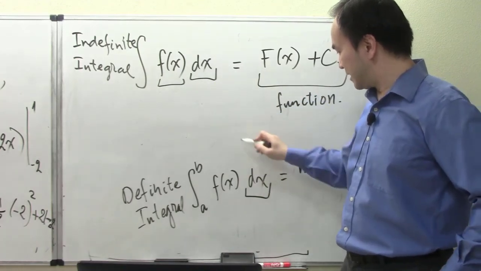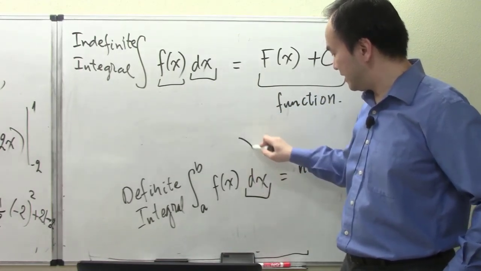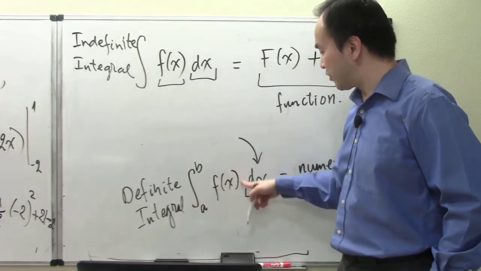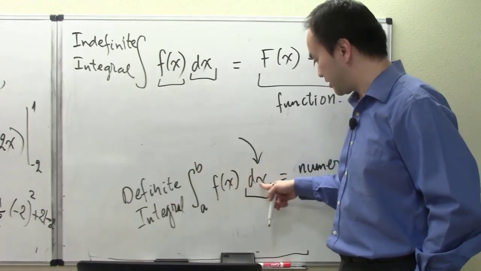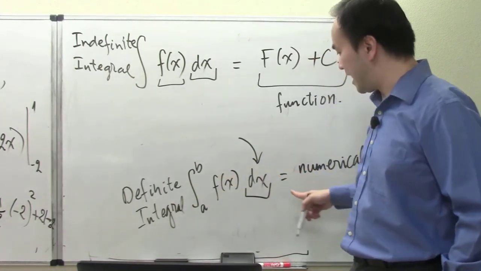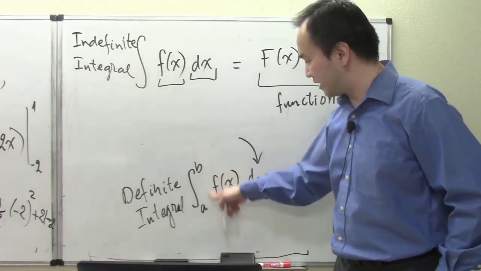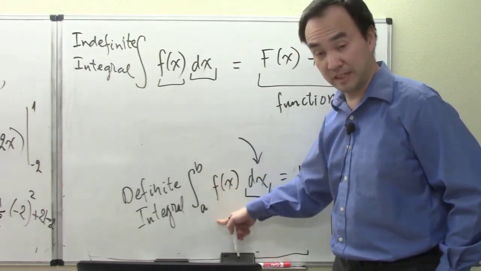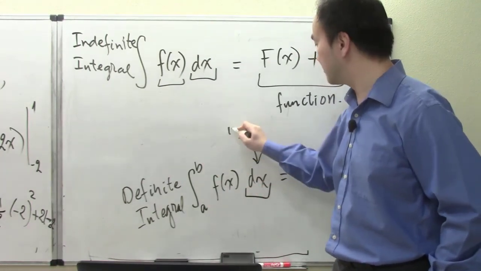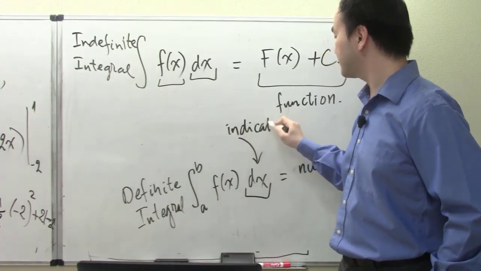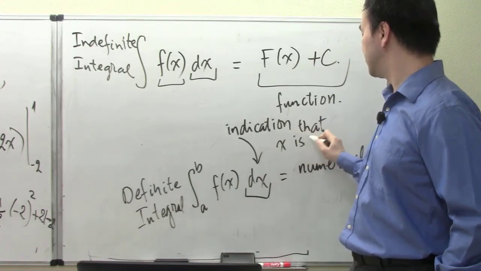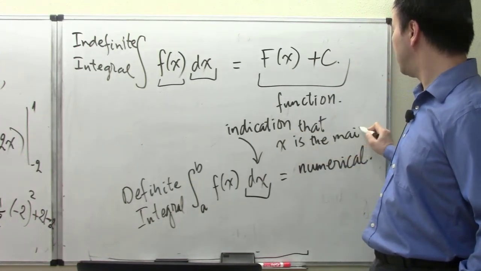Likewise, when I see the dx in my definite integral, I know I'm taking the antiderivative part of it treating x as the main variable. So your antiderivative must come out in terms of the x variable, because it's indicated here. It's an indication that x is the main variable.